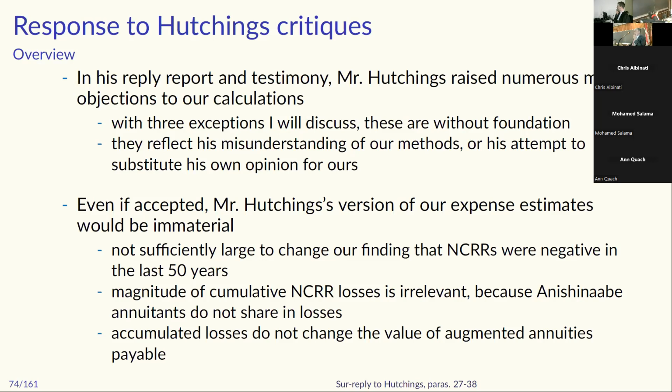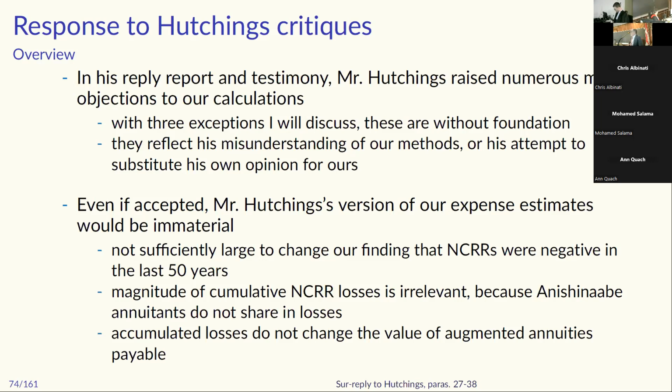And as I said at the beginning of the day yesterday, in our approach, the magnitude of cumulative NCR losses is not germane to our calculation of value. Our calculation of value of annuities here, based on a model in which the Anishinaabe annuitants do not pay any share of those cumulative losses.